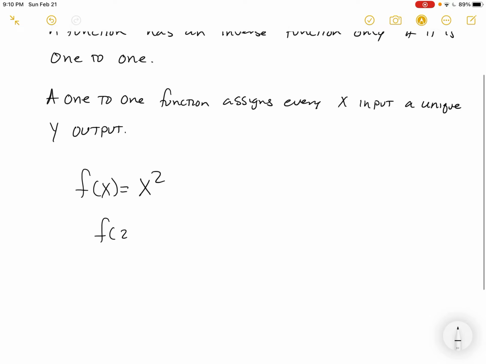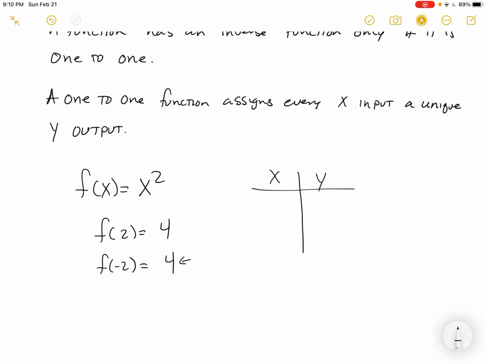What's f of 2? Well, f of 2 is 4. What's f of negative 2? Well, that's also 4. So that's a problem because this second 4 is not a unique y output. There's two that are going there. And so remember, if we were to set up an x, y, right, with the f of x going this way, it would send both 2 and negative 2 to the exact same value 4.